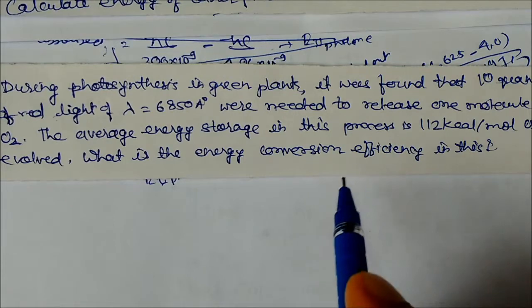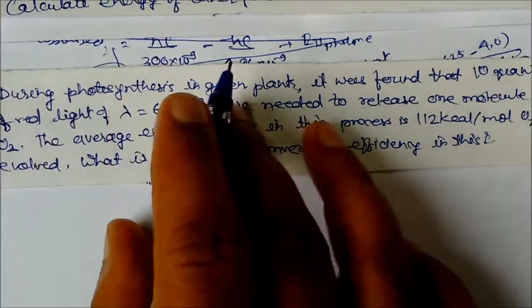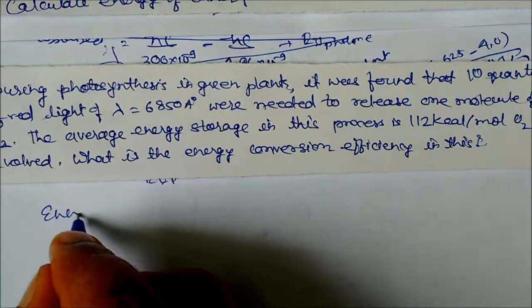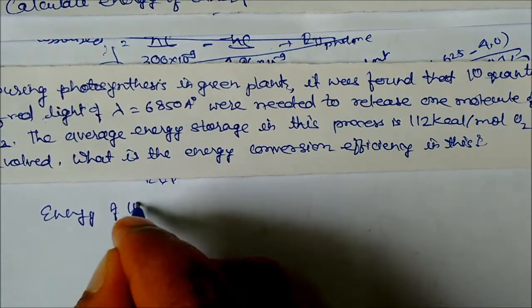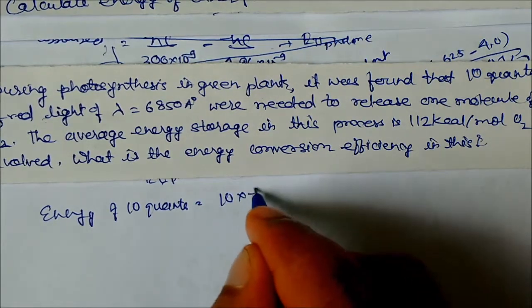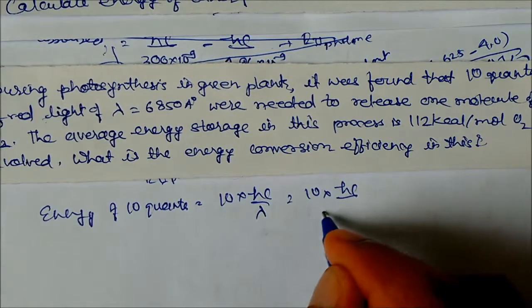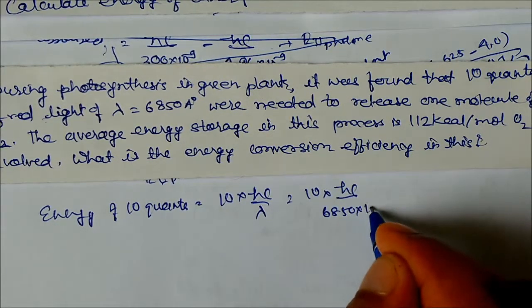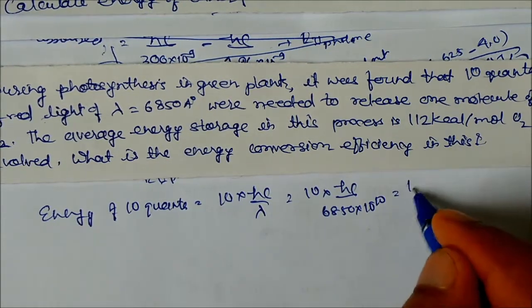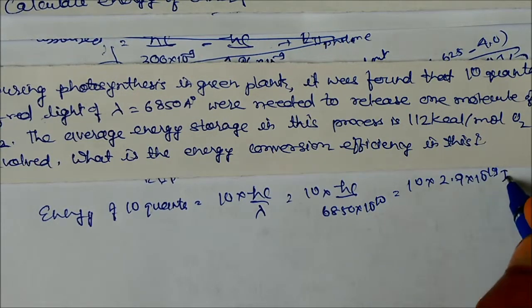So for 10 quanta, what is the total energy? Let us find out. The energy of 10 quanta will be 10 into hc by lambda, where lambda is 6850 into 10 power minus 10. The total energy will be 10 into 2.9 into 10 power minus 19 joule.